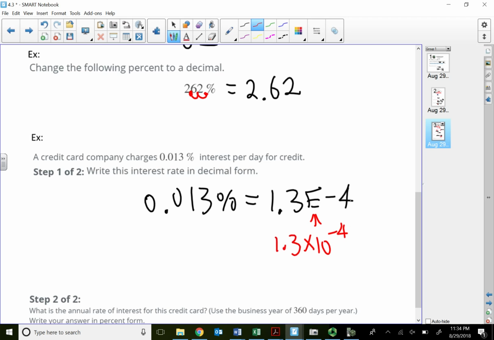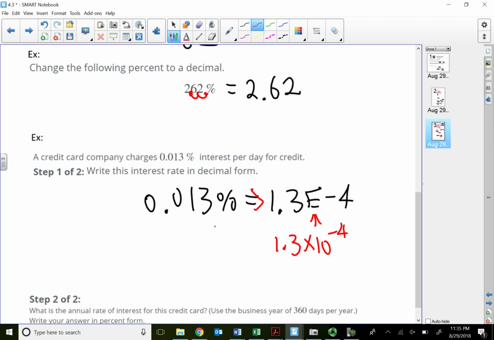So whenever you see this e negative 4, that negative is telling you to move the decimal to the left 4 places of the 1.3. But Mr. Cheng, I thought the problem was 0.013. Yes, that is right.